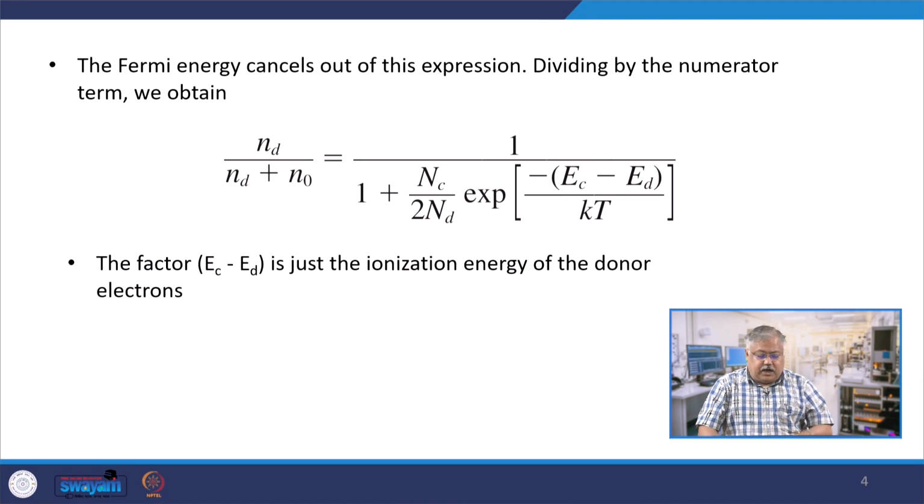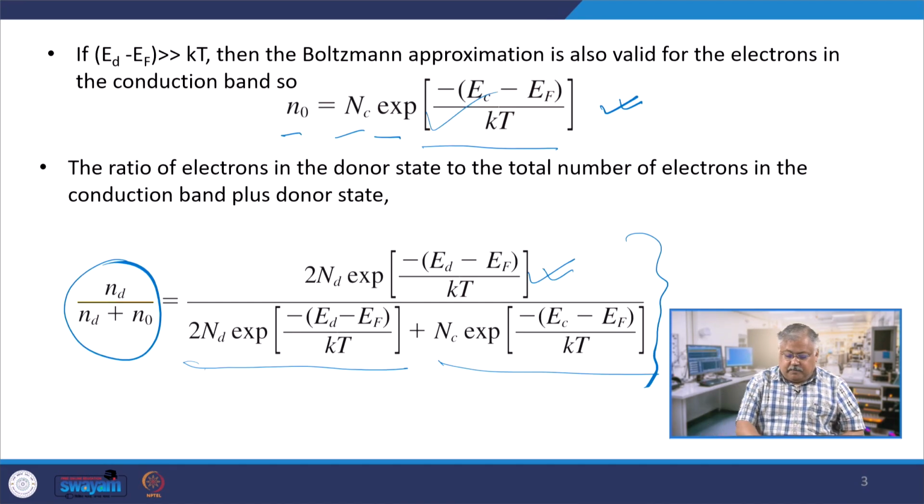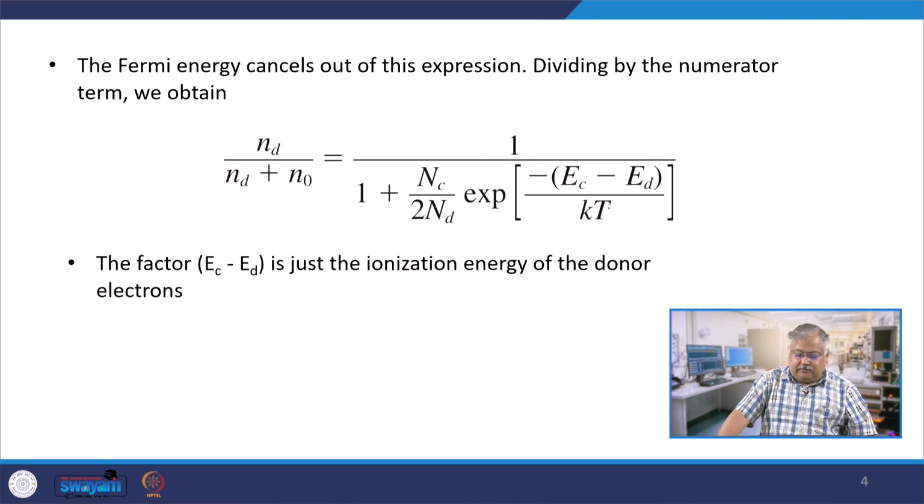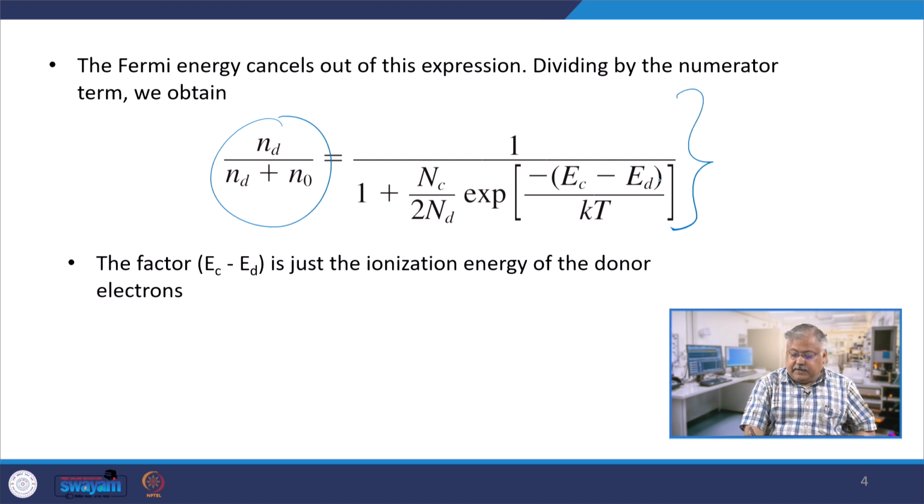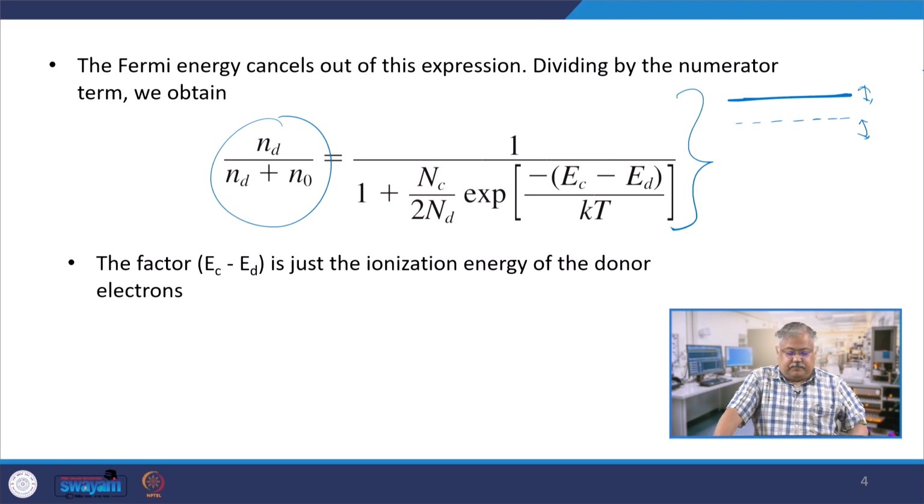If you look very carefully, in this case the Fermi level will cancel out from this and this, and what you are left with finally is ND upon ND plus N0 equals to this. EC minus ED is basically the difference between the conduction band edge and the donor species. So my conduction band edge is fixed and my donor level ED will start moving up or down depending upon the number of donor atoms available.